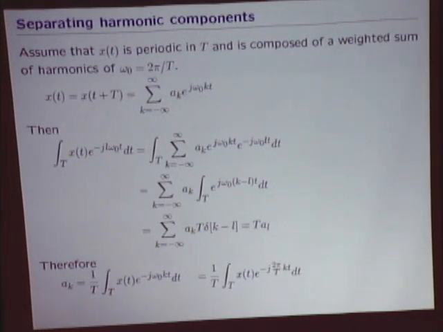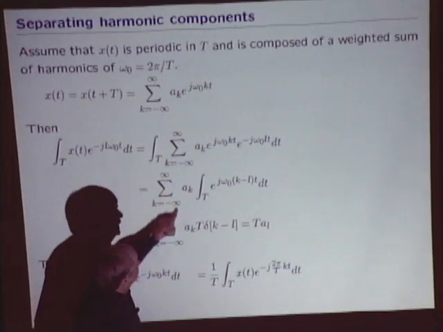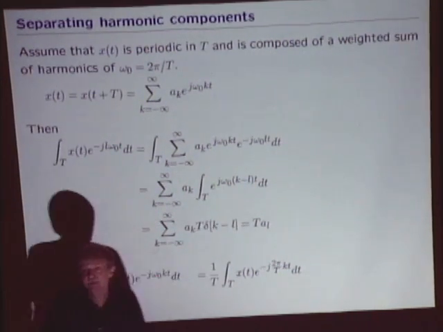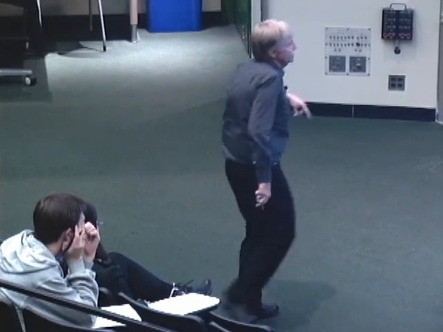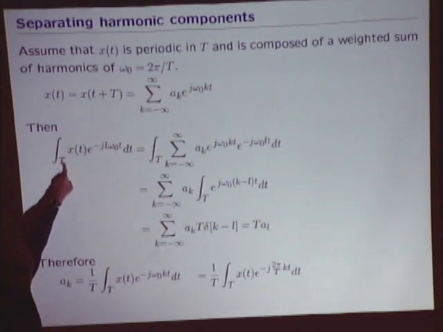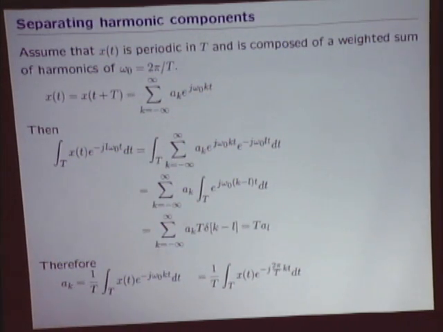If I did that, I would end up with a sum of a bunch of different k's. But for each one, I'd be taking the kth harmonic times the minus lth harmonic. And that's going to give me 0 when I integrate over a period, except when k equals L. If k equals L, then I'm going to get capital T. So the net effect of doing this is to generate T a_L. It sifts out one of those coefficients.